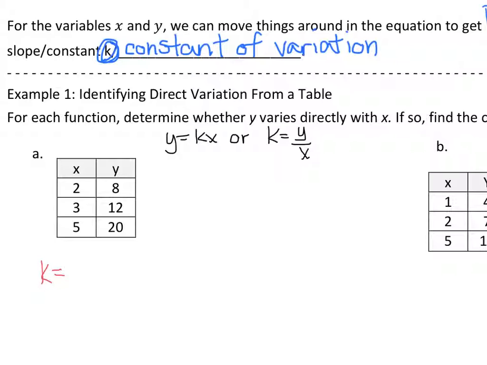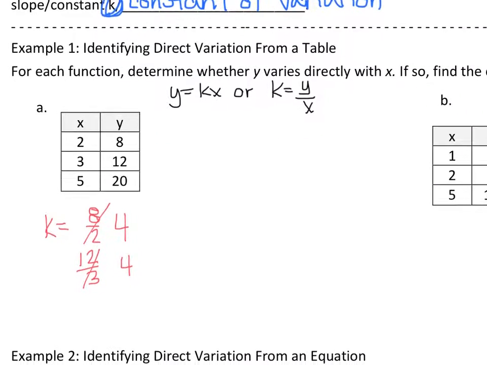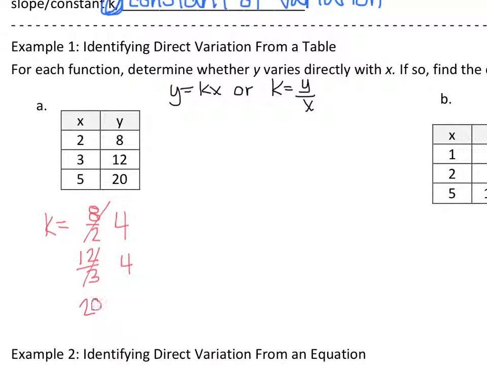So for the first one, y divided by x is 8 over 2. That's 4. For the next one, we've got 12 divided by 3, which is 4. And then 20 divided by 5 is 4. Just 4. So do they all match? Yes.